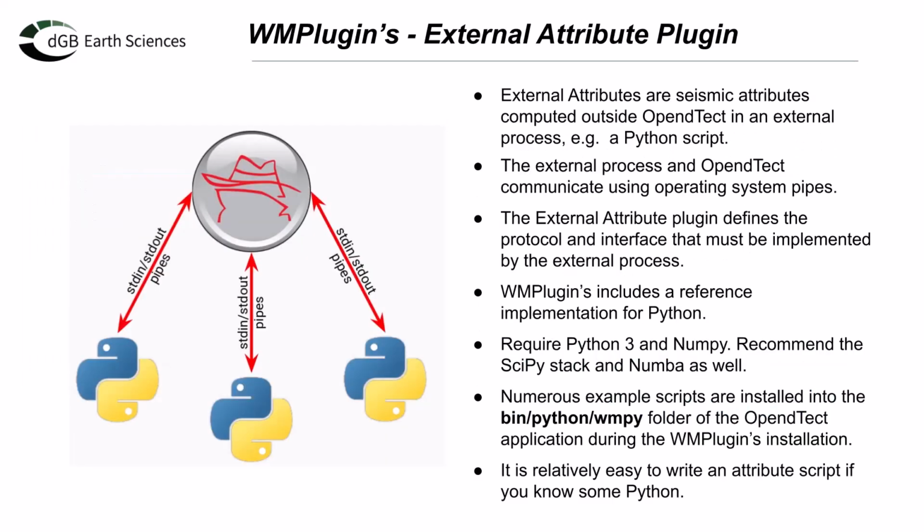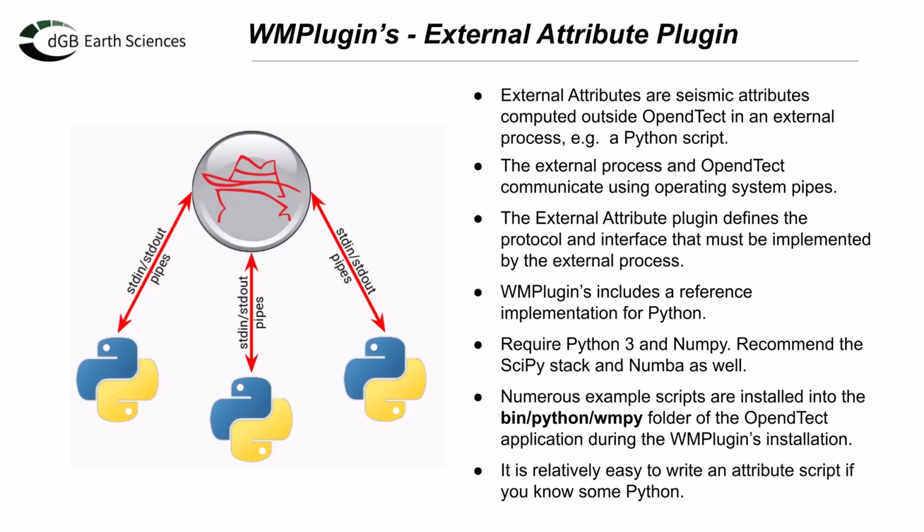The external attribute plugin is a combination of an OpendTect attribute engine plugin and a Python module. Together, these provide a framework for an external Python script to communicate with OpendTect, to display a user interface, and exchange seismic trace data. Installation of WMPlugins will add a bin/Python/WMPy folder to the OpendTect software installation.